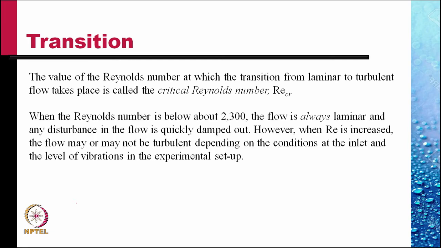When the Reynolds number is below 2300, the flow is always laminar, and any disturbances in the flow are quickly damped out. However, when Reynolds number is increased, the flow may or may not be turbulent depending on the conditions at the inlet and the levels of vibration in the experimental setup.